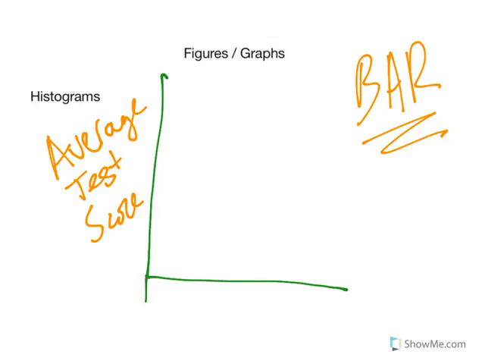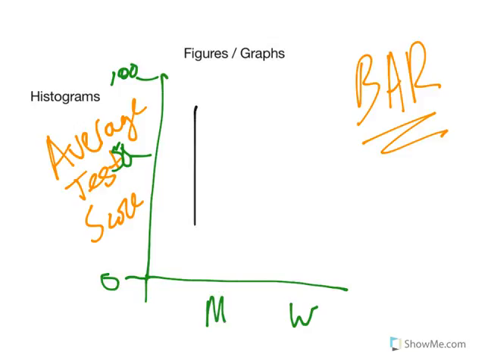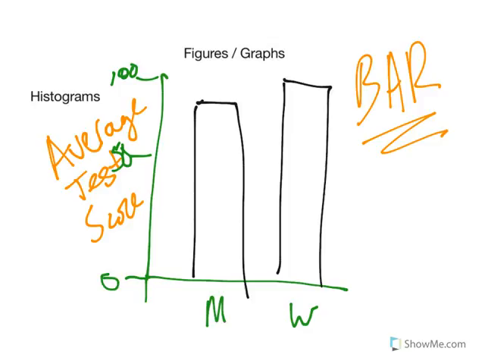Okay, and then down here you might have, let's say this one is 50%, and up here is 100%, and then down here is 0%. Excuse my spacing, it isn't very good there. And then down here you might have men, and down here you might have women, and you might compare them. So let's say that men got like 95 or something like that, and then women got like a 98. And you would do a bar graph for that.